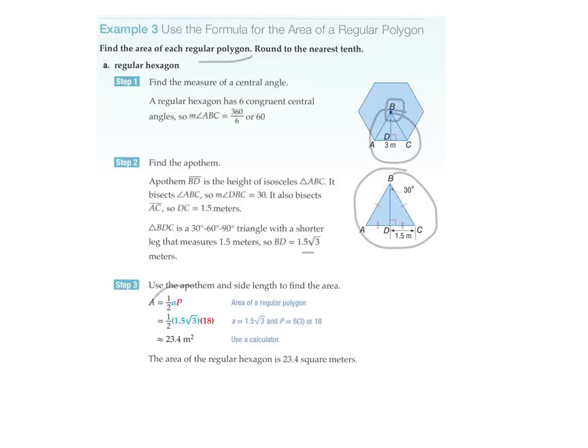Put it all into the formula. A equals a half AP. So the apothem we already decided was 1.5 root 3, and you've got 6 times 3 will give you 18 for the perimeter. Put it into your calculator, you get 23.4, and again make sure that you read the question, round to the nearest tenth.